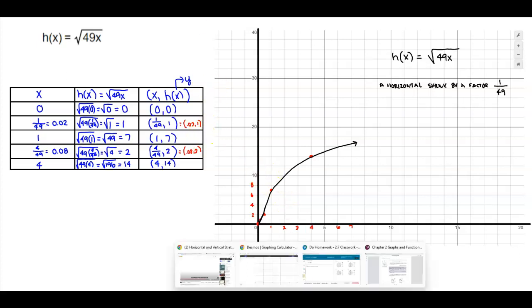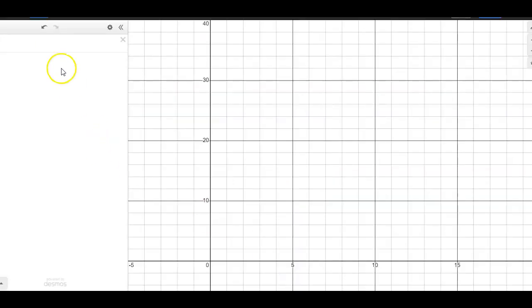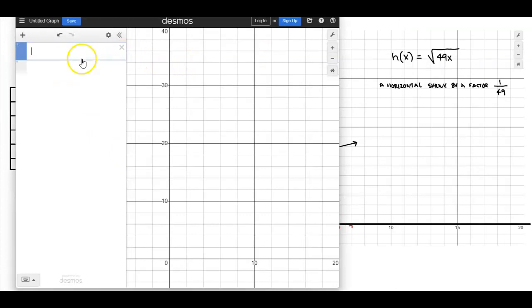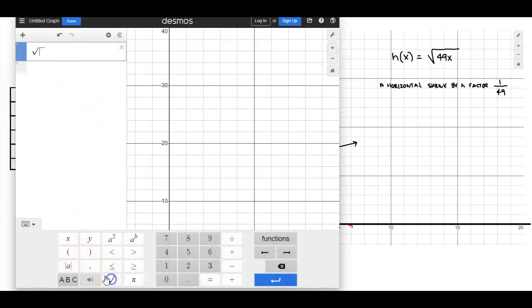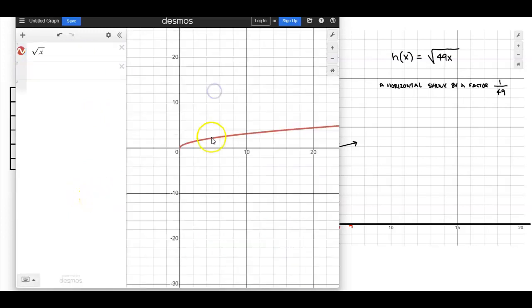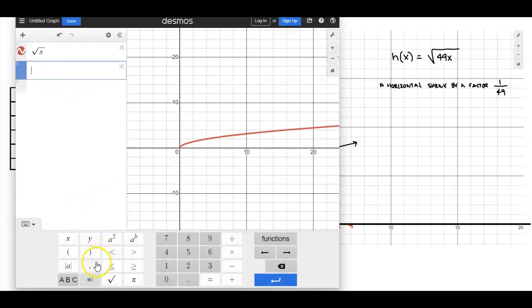And so the reason is, let's take a look here. If we look at our Desmos graph, let's put in the square root function of x, because that's the parent function. Square root of x, there is our graph. Now what we're going to do is take the square root of 49x. What's happening is that this is a horizontal shrink, which means that this is shrinking.